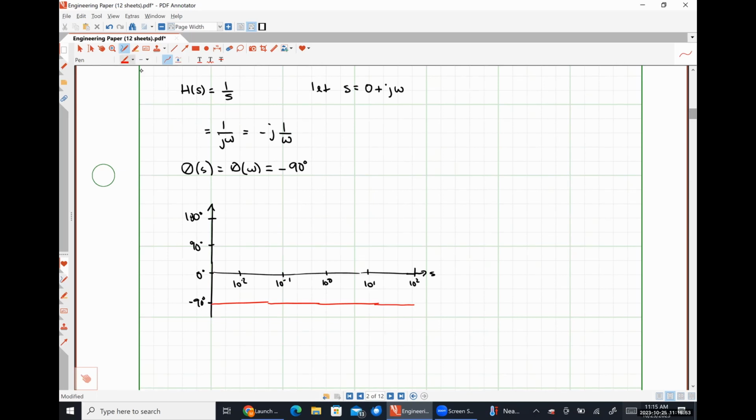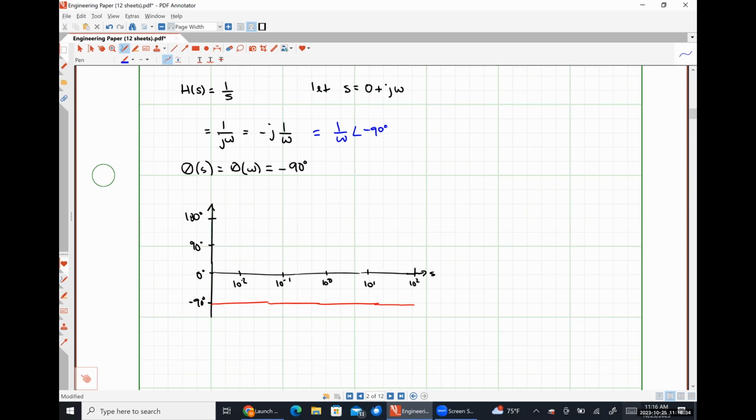So let me go a little bit further here. On my complex plane, the number negative j by itself has a phase angle of negative 90 degrees, right?